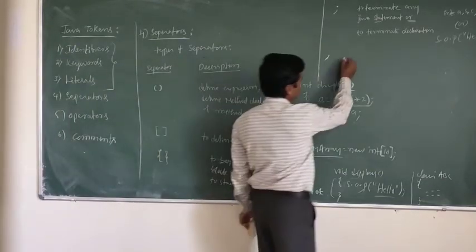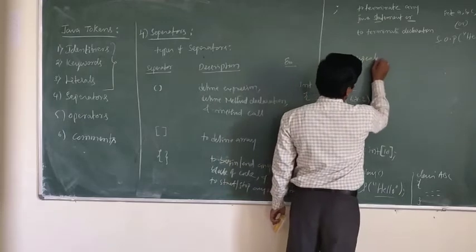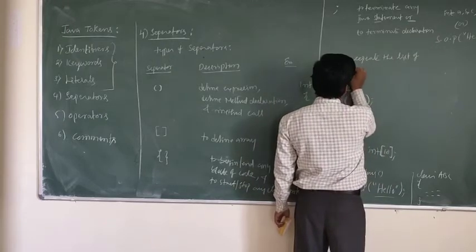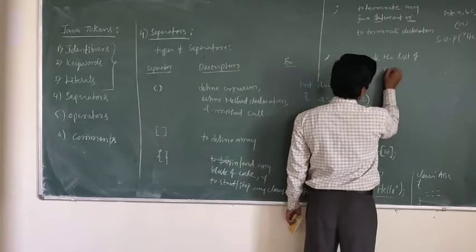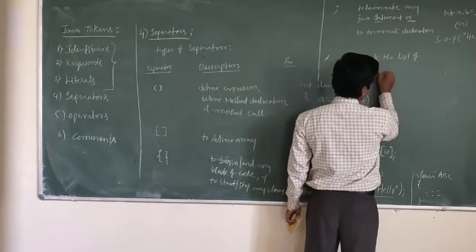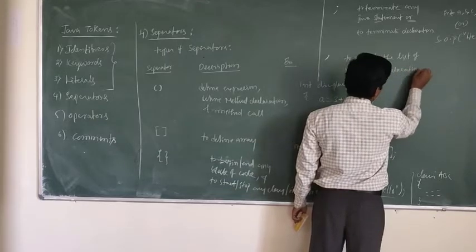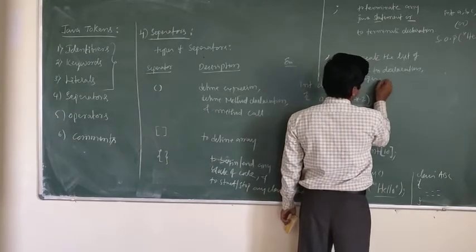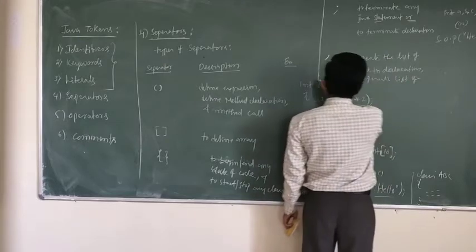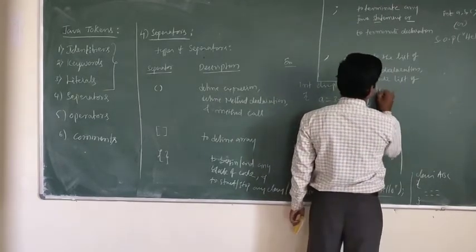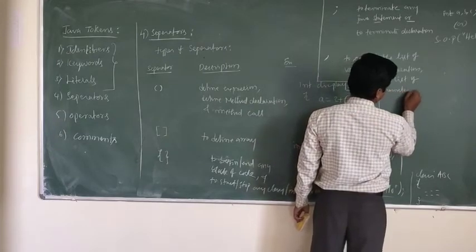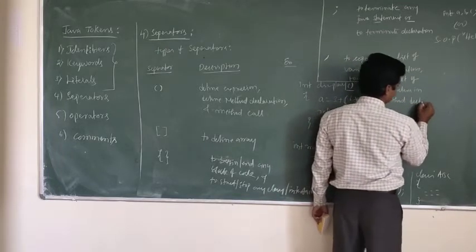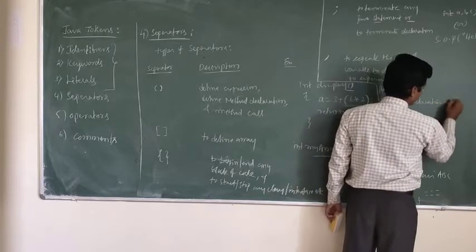There we use the comma to separate the list of variables or parameters.